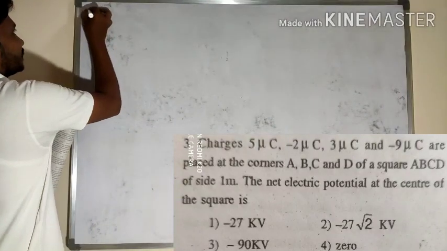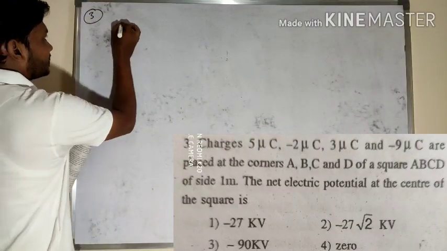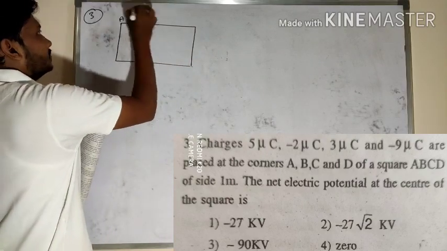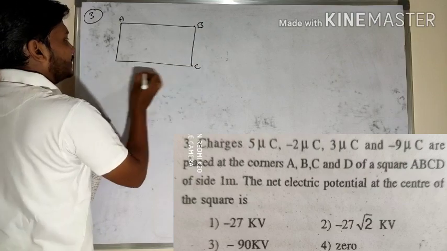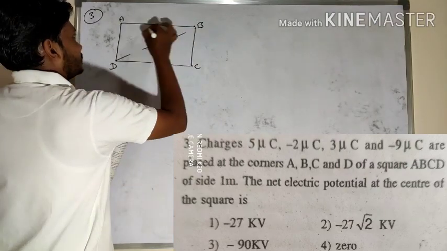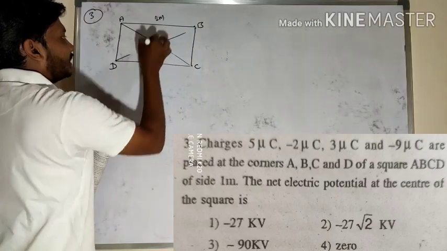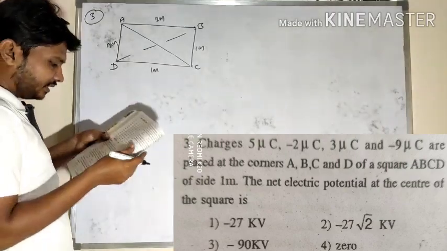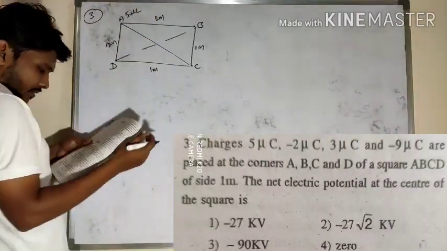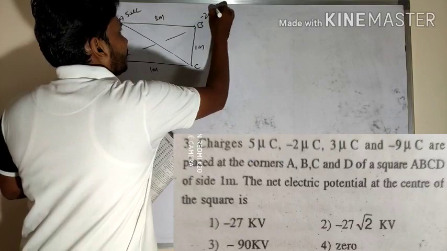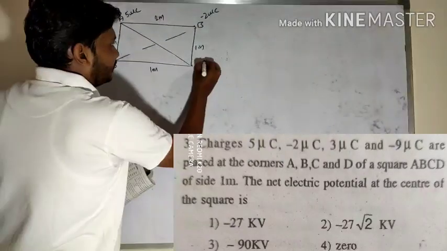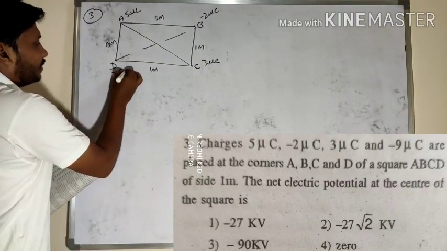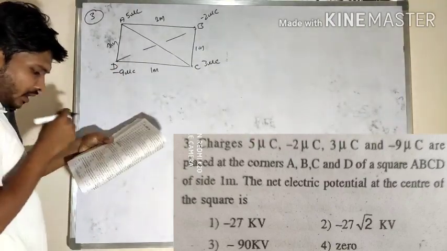So here 4 charges they mention. These 4 charges are placed at the corners of a square, and AC is a diagonal, whose side is 1 meter. At these corners they mention the charges: here 5 microcoulomb, here minus 2 microcoulomb, here 3 microcoulomb and minus 9 microcoulomb at the corners.